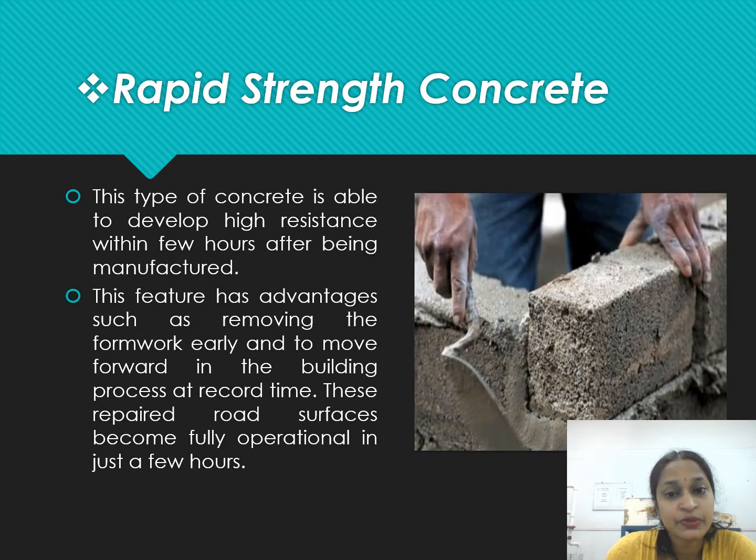Coming to the rapid strength concrete, this type of concrete is able to develop high resistance within few hours after being manufactured. The feature has advantages such as removing the formwork early and moving forward in the building process in record time. Basically, wherever they can't afford to get lots of formworks, they use this rapid strength concrete wherein they can remove the formwork early and start with the next bay.